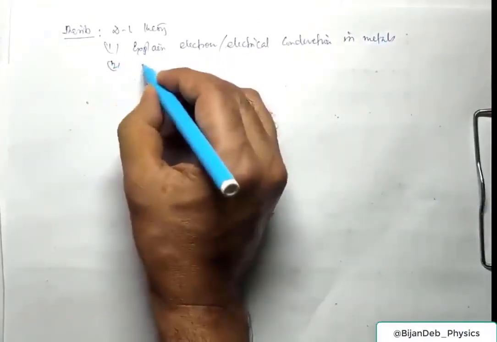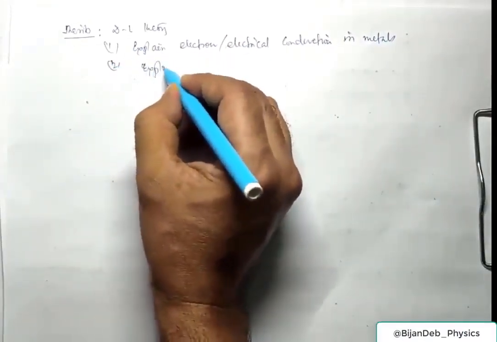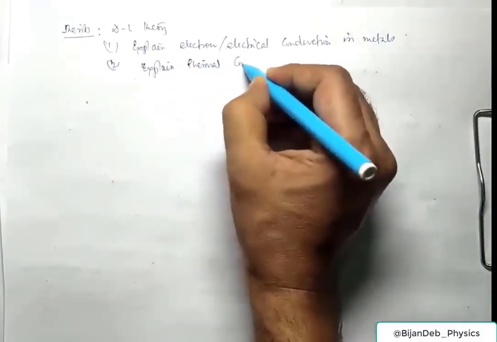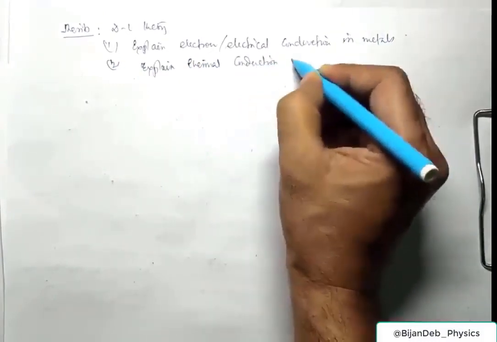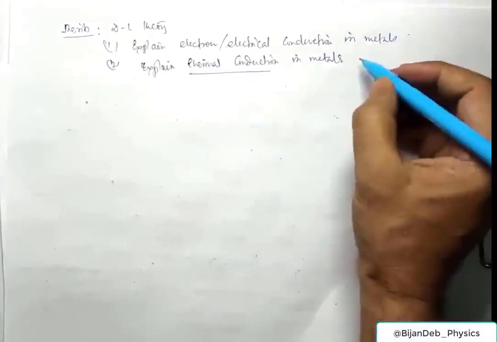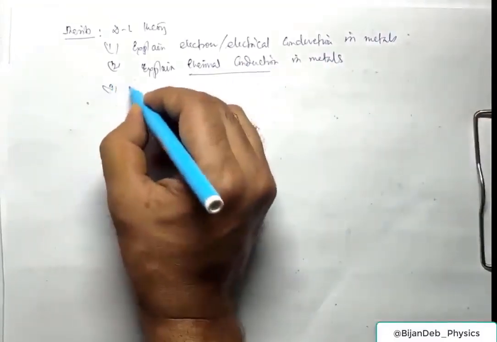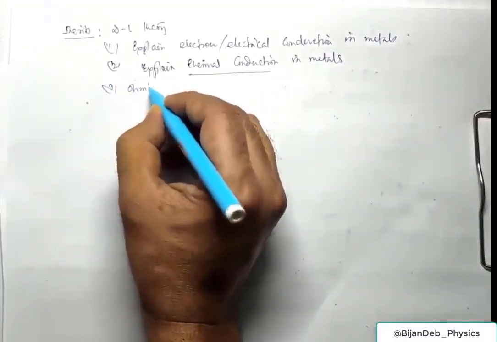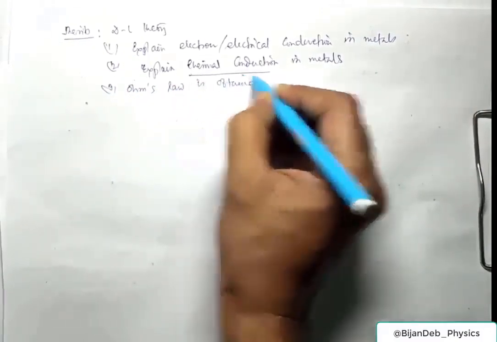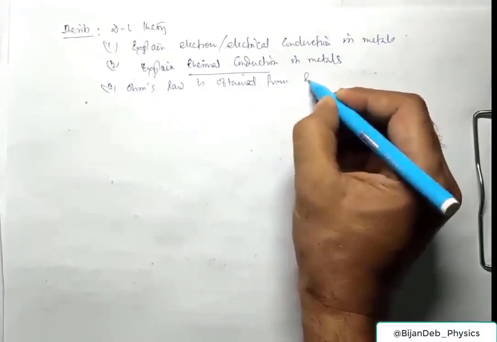Then it explains thermal conduction in metals. We have not studied the thermal conductivity; we will study it in the next class. Then Ohm's law is obtained from this theory.